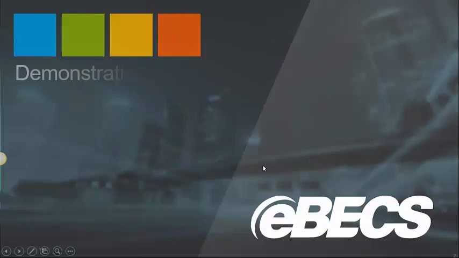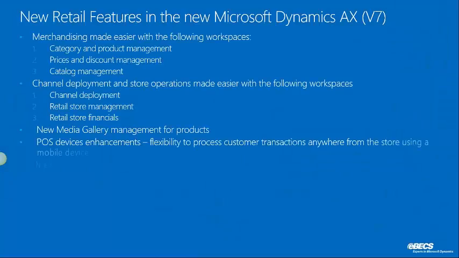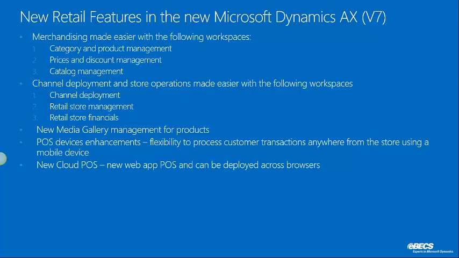So now that we've talked a little bit about pricing and discounts, I wanted to touch briefly on some new retail features in Microsoft Dynamics AX. I've talked about how merchandising has been made easier in terms of category and product management, prices and discount management, as well as catalog management. There are some easier ways to deploy channels in stores and financials.